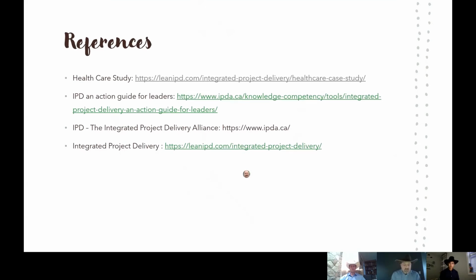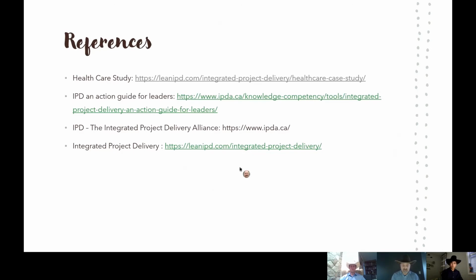So while you guys are taking a look at these references, I just wanted to say one last thing about this. Integrated project delivery: is it a lasting trend or is it just a passing fad? The term may fade away and be replaced by the newest way to describe collaboration. However, people working together with a shared vision and common goal will always be much greater than any individual working alone.